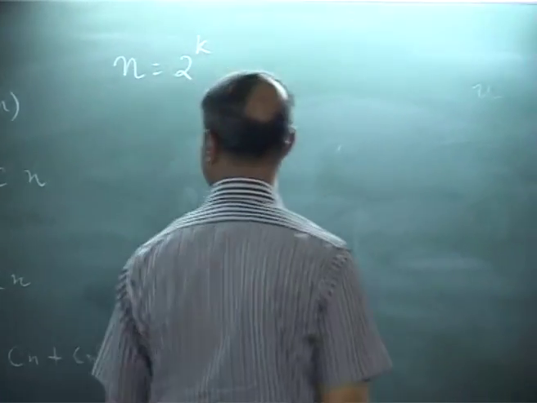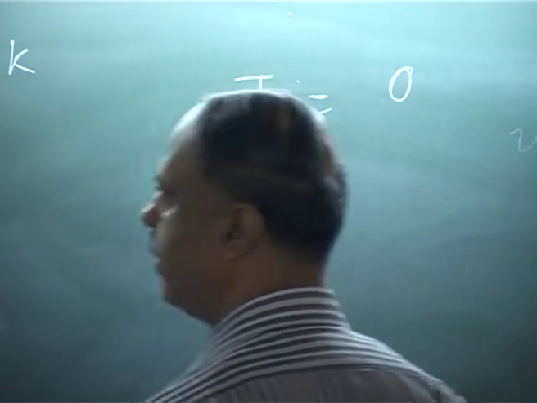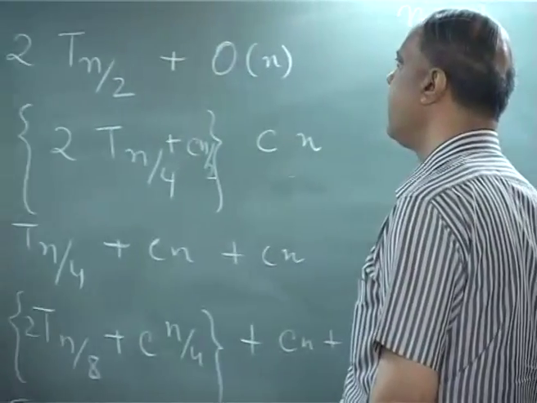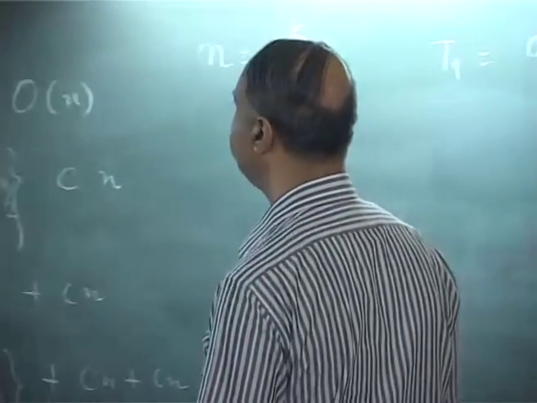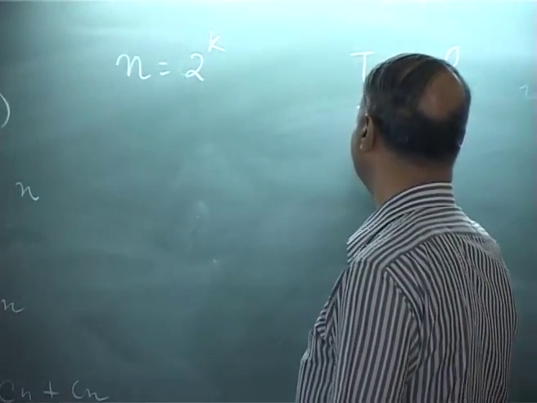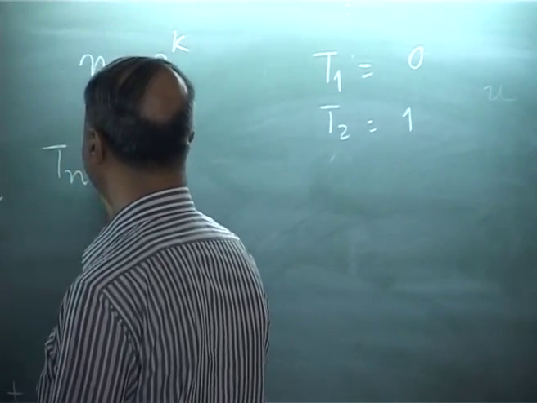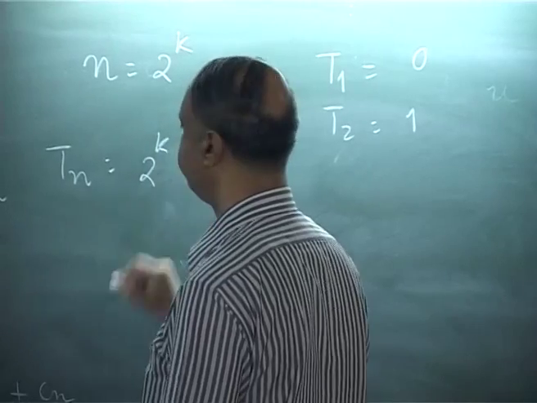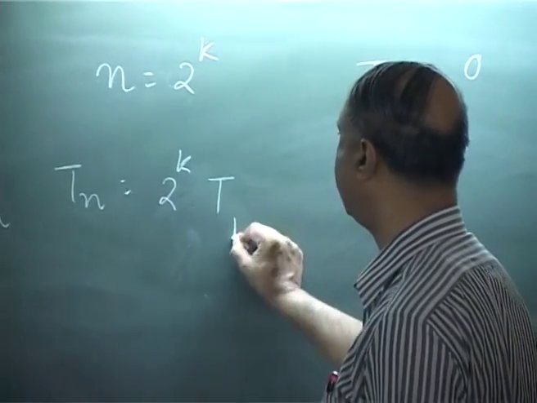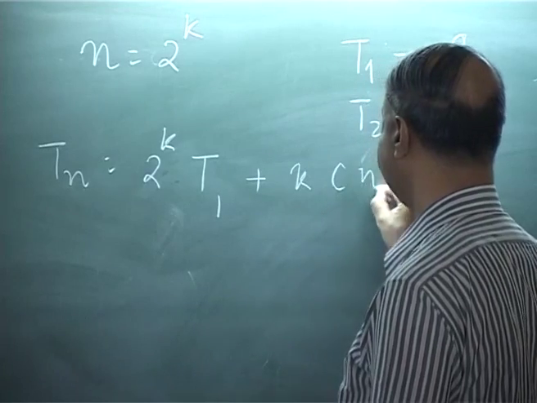Now if n equals 2 to the power k, and T1 is 0, because with one element nothing has to be sorted, and T2 is 1, because only one comparison is required. In that case, Tn becomes 2 to the power k times T1 plus k times Cn.